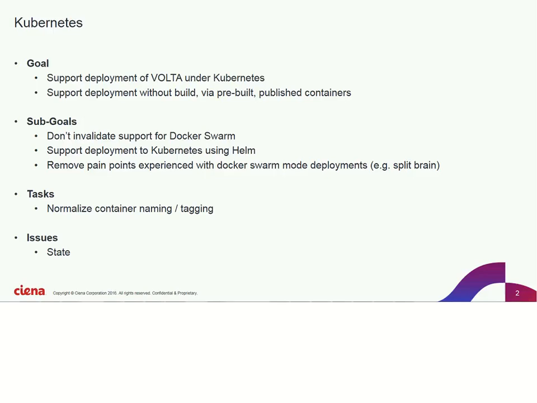So those are stateful. What David is talking about in terms of stateless is let's make sure that as many containers as possible maintain no state. And it's not related to Kubernetes, but it's still something that we want to do.